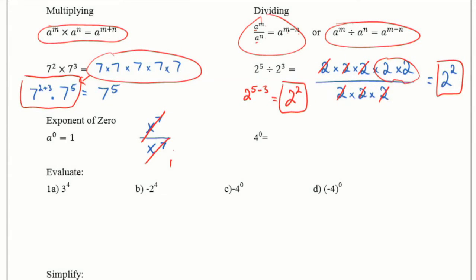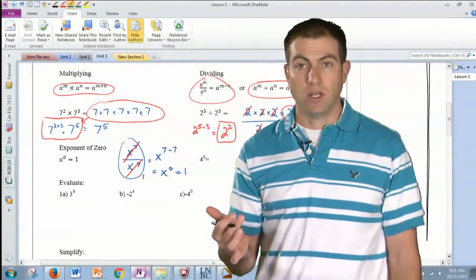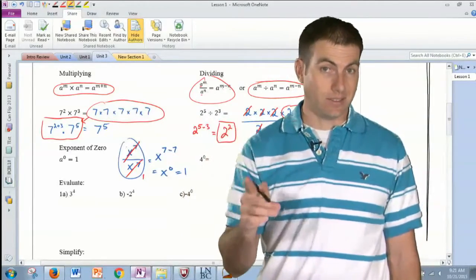Or if I think of it this way, I have x to the power of 7 minus 7 is equal to x to the power of 0, which is equal to 1. Because if I have the same thing on the top and bottom, it's just going to give me 1. So anytime I have anything to the power of 0, it's 1, unless it's 0. Alex?